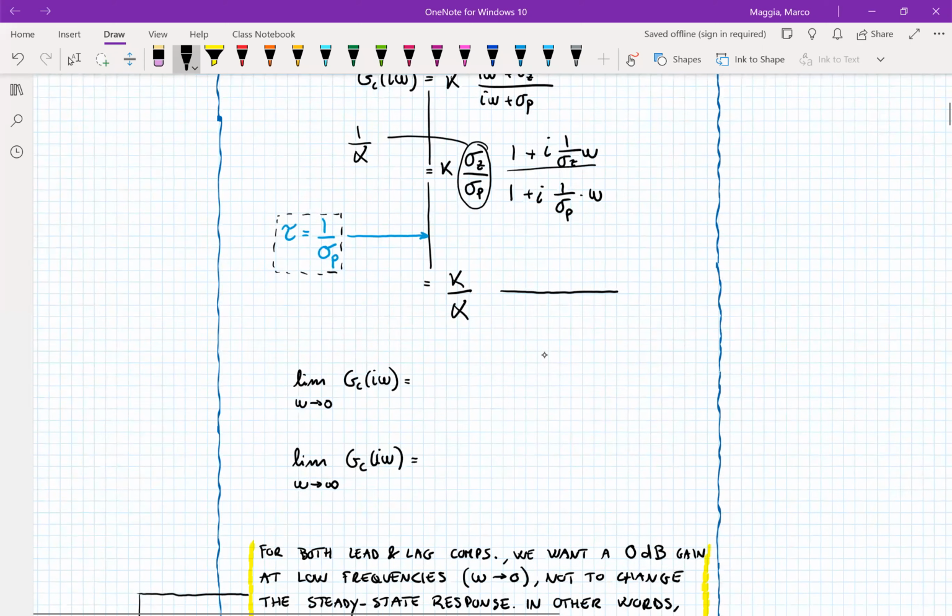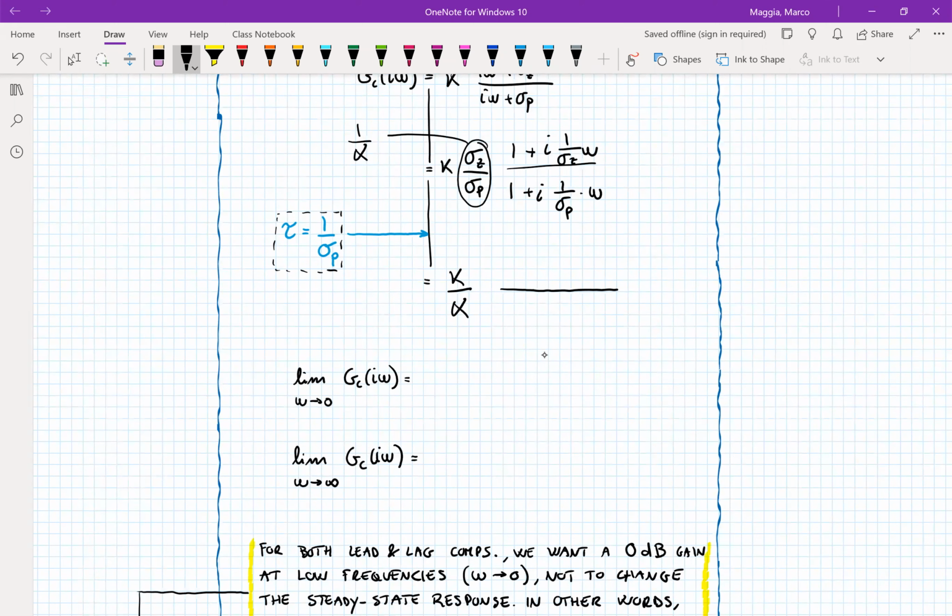So with that, we can rewrite the transfer function as 1 plus i omega tau alpha over 1 plus i omega tau. The cutoff frequency associated with the real zero is alpha times tau to the minus 1, and the cutoff frequency associated with the real pole is tau to the minus 1.